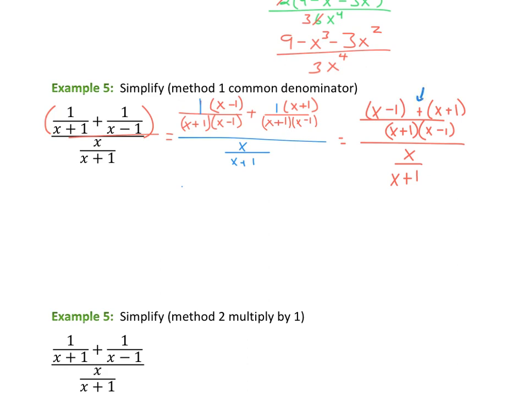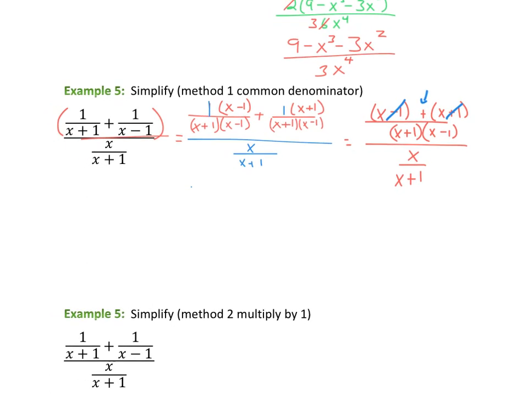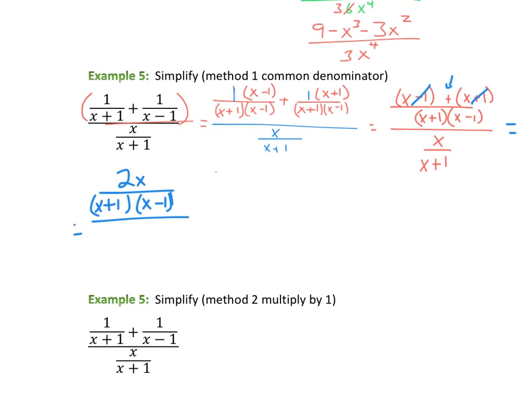Since there's a plus sign in the middle, I can ignore the parentheses and just combine like terms. Negative 1 and positive 1 will cancel out, leaving me on top with x plus x, which is 2x, over x plus 1, x minus 1, and all that's over the x over x plus 1.